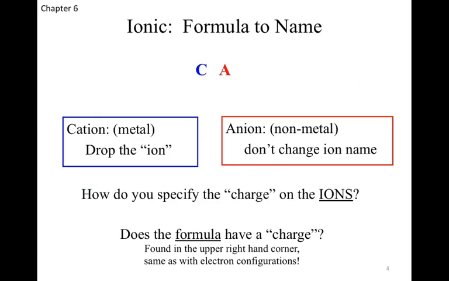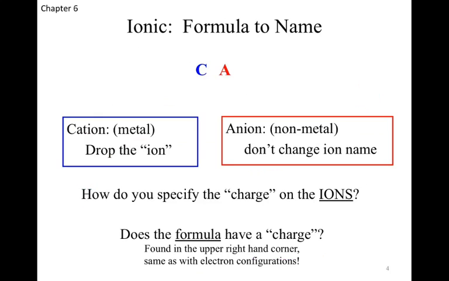So C for cation, which I'm going to try and keep consistent in blue, and A for anion, which I'll try and keep consistent in red. Okay? So our cation rule, when we were going to name it on its own, is we would just go through and name the metal itself, or whatever that element was, followed by the word ion. For our anion, we change the suffix to the IDE ending.